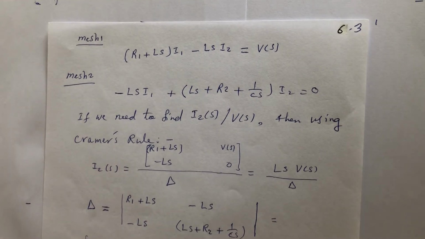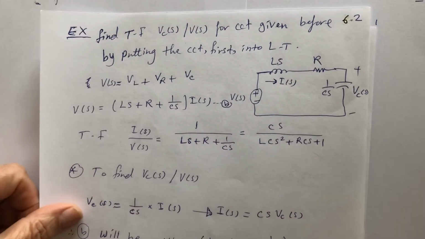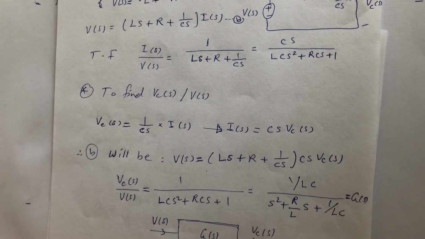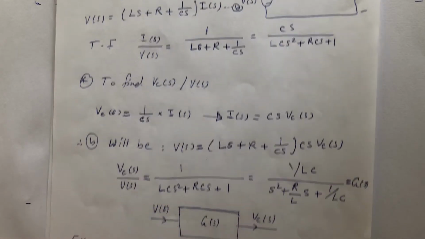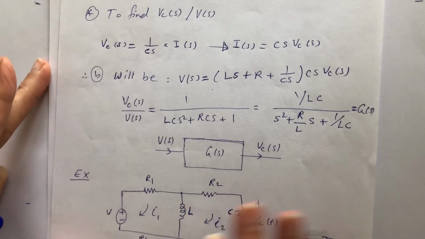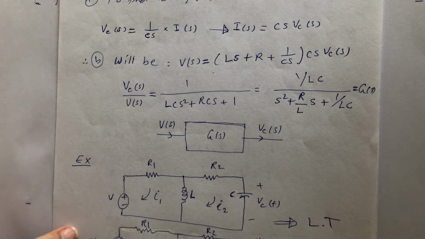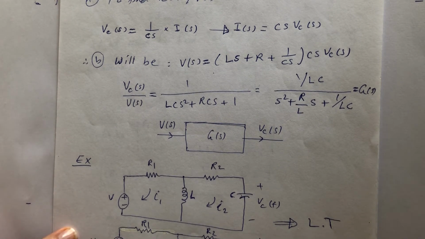If we go to this one, then I'll go into the equation. I will remind you actually, because I hope these are easy for you. We say that V of S equals R1 I1, R1 plus LS I1 minus LS times I2.